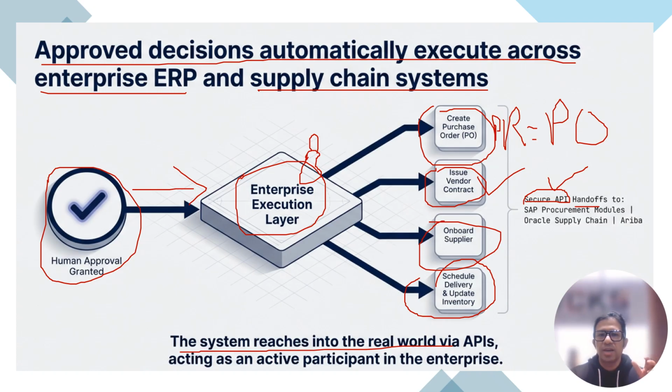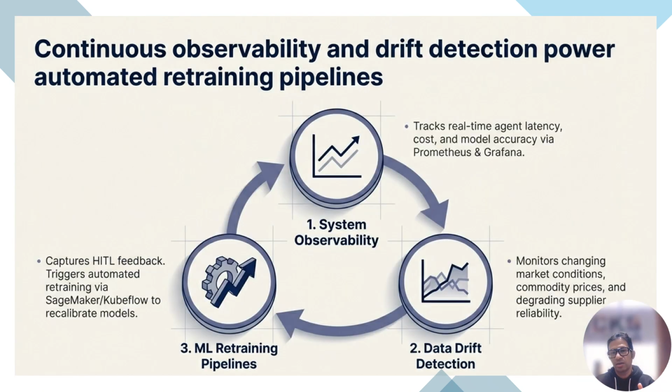Now in the next slide, we will cover what happens after execution, how the system stays reliable: monitoring, drift detection, cost tracking, and retraining pipelines. Yeah, this slide is what makes ProcureMind OS survive in real enterprise life. Because the procurement world is not static.